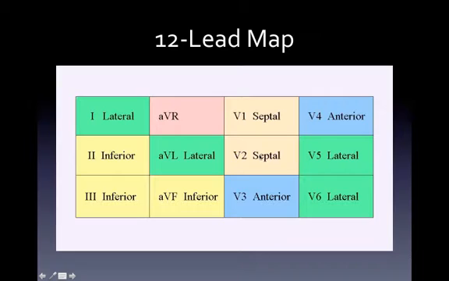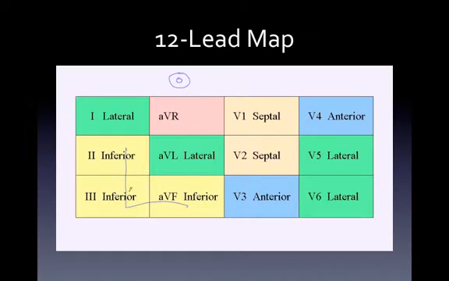12 lead map. Now, these are the leads as shown on a 12 lead, and what they show us are locations in the heart. Now, 2, 3, and AVF, let's talk about that one first. If we were looking at the heart from above, the inferior wall feeds the conduction system, or essentially the core of the heart.